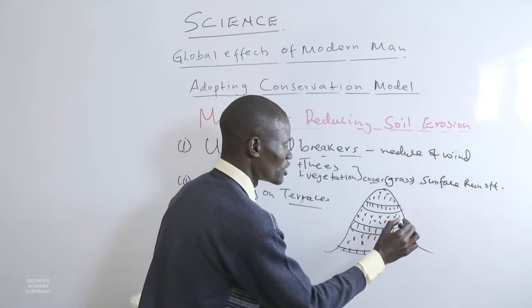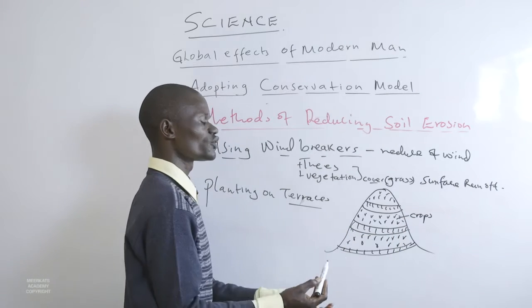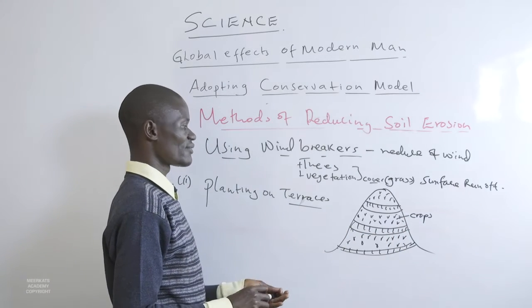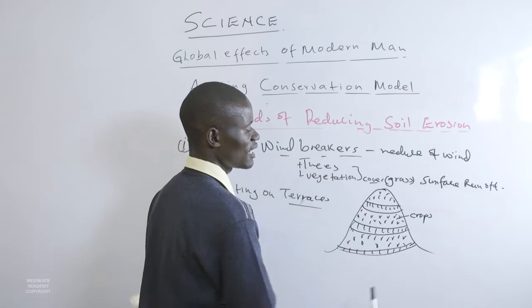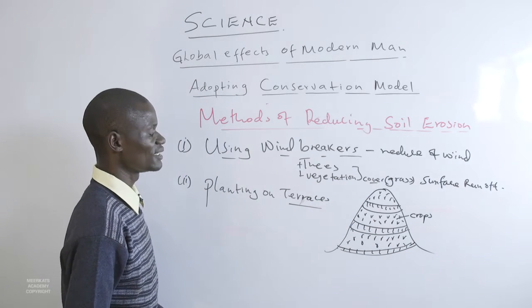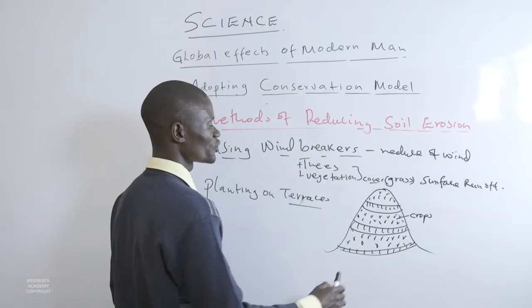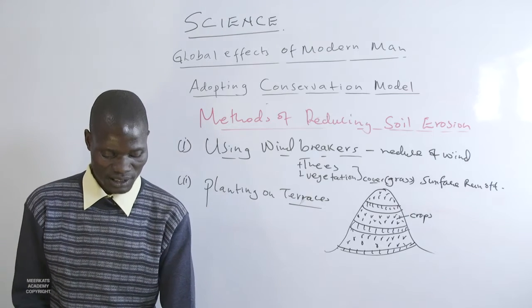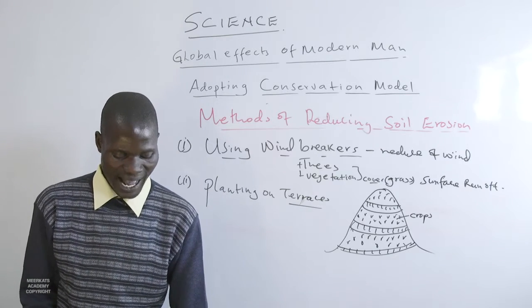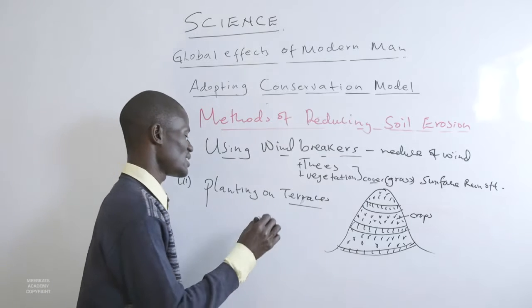Therefore, crops can be grown. And this has also reduced the rate at which the water will flow, because looking at the gradient of the slope of the land, if there is very loose soil, it could easily be washed massively down into the streams. And this also can help us, that is terracing.